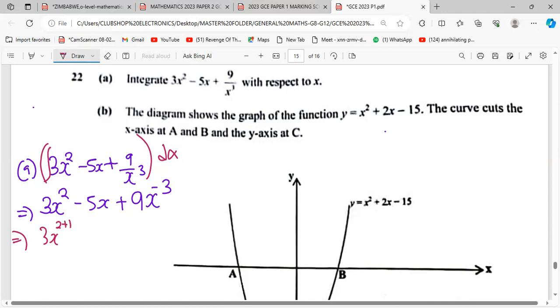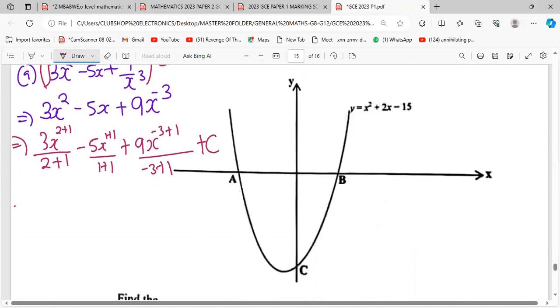The rule is that you add 1 to the power, so minus 5x to the power 1 plus 1, divided by 1 plus 1, plus 9x to the power negative 3 plus 1, divided by negative 3 plus 1, plus the arbitrary constant, because we don't have the limits of integration.